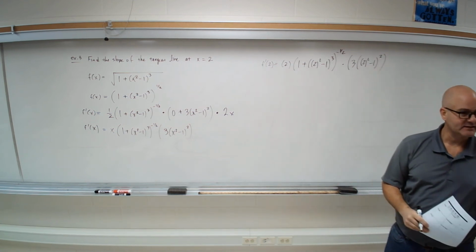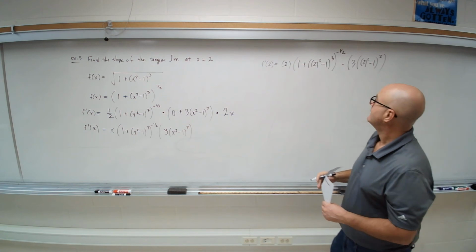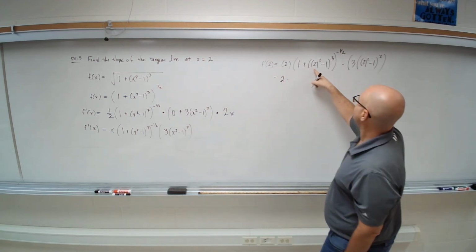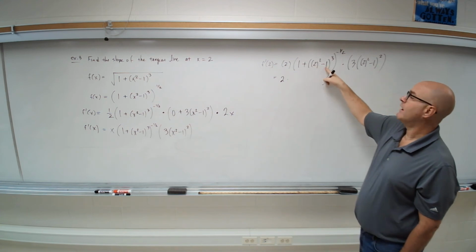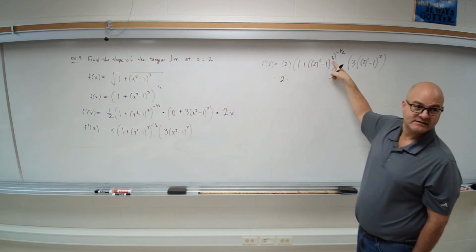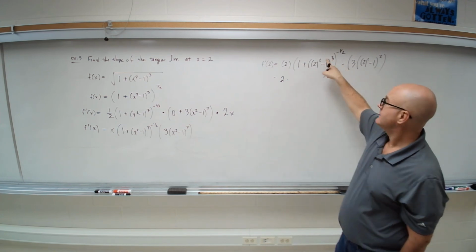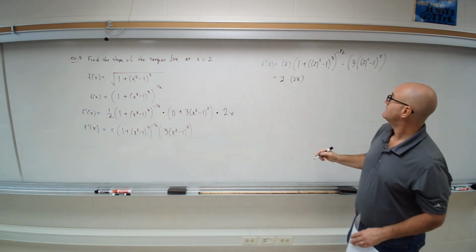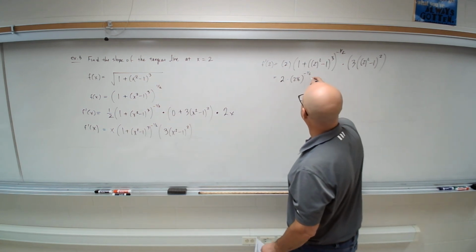All right, so we get to simplify here a bit. Let's just leave this here as 2. So this is going to give us 4 minus 1, which is 3, right? And 3 cubed is 27. So 1 plus 27, I guess that's 28. To the negative 1/2 power.